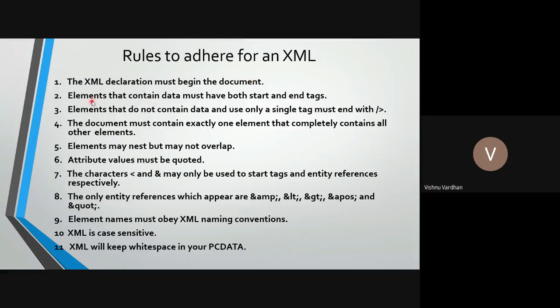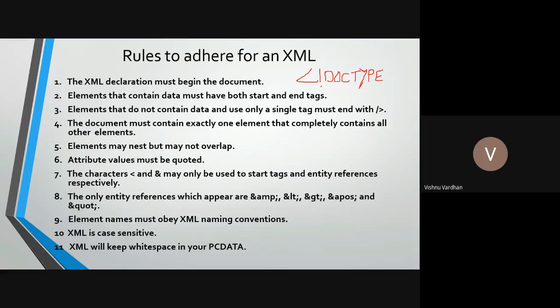So what are they? The first one is that the XML declaration must begin the document. You might have seen one kind of format, this doctype. If anyone knows this, it's an SGML keyword.